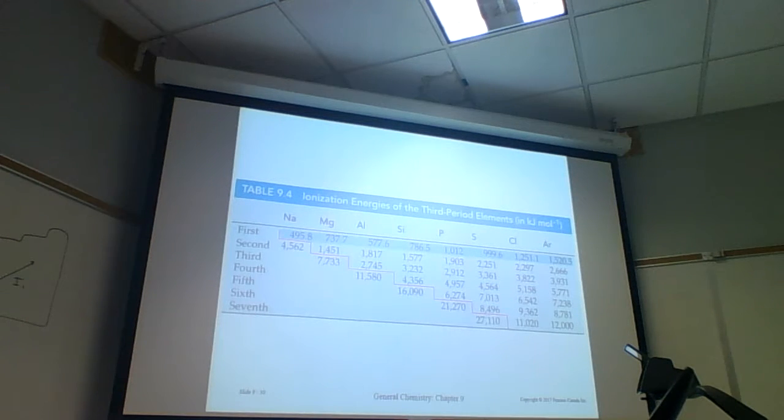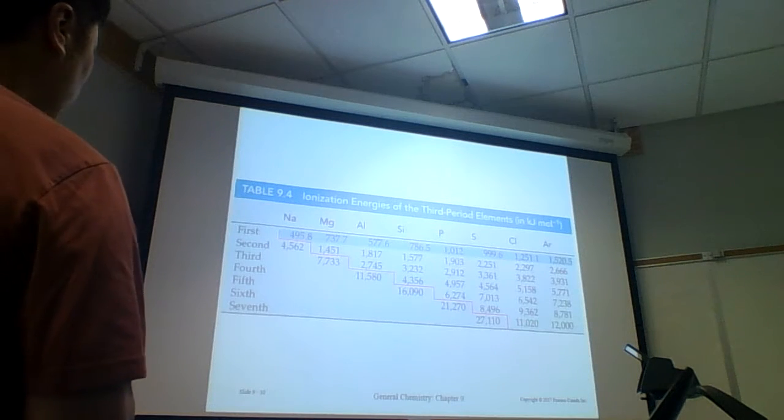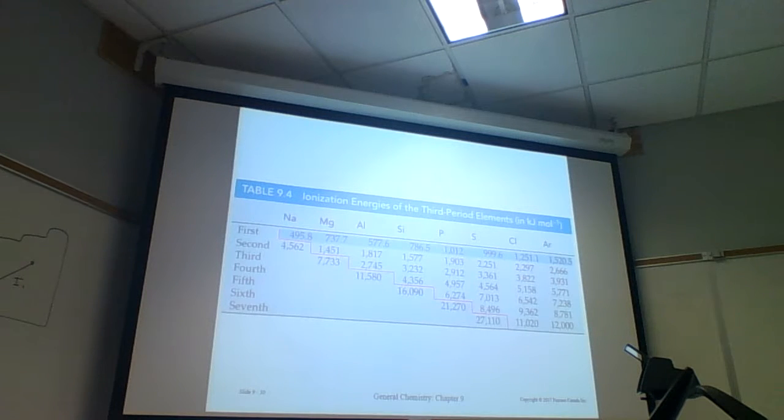Well, 737.7 plus 1451 is 2188.7 kilojoules. That's our delta H there.